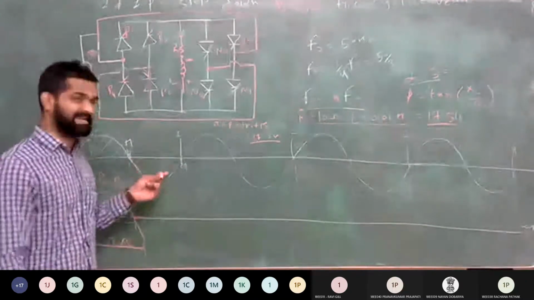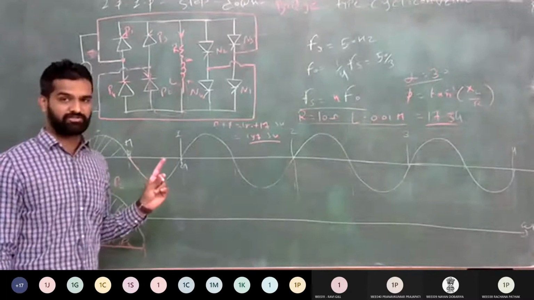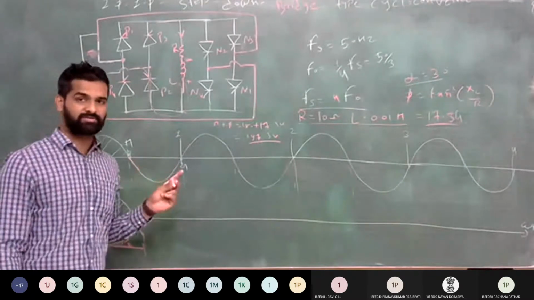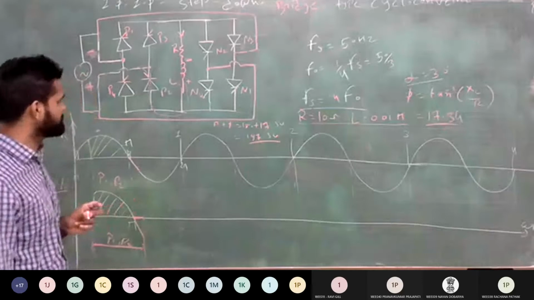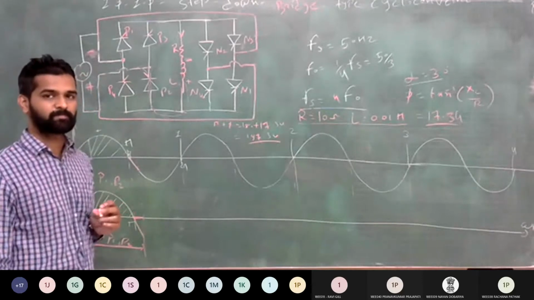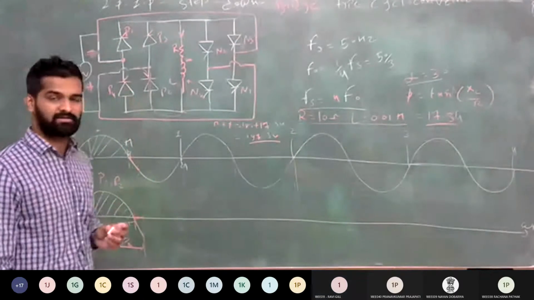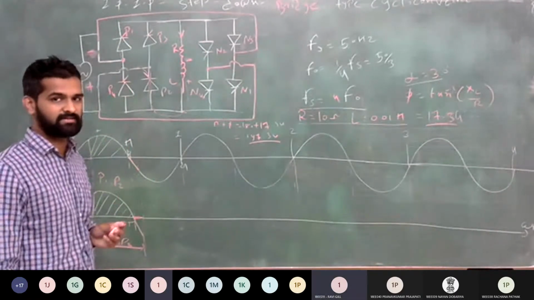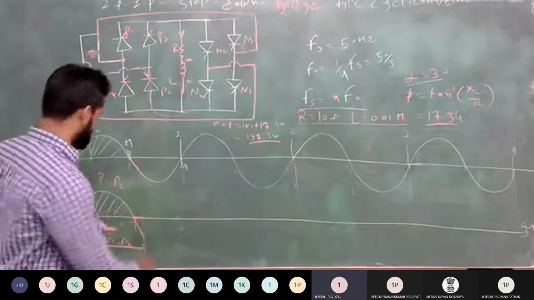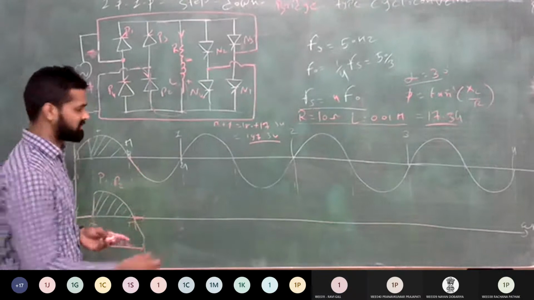Now in the next cycle, this negative cycle, again you require the positive voltage. Clear? So which thyristor will you turn on first? Anyone? P3, P4. At which angle? 30 degree, that means pi plus 30 degree. After pi, alpha, it is pi plus 30 degree.